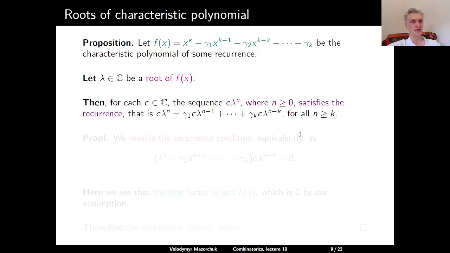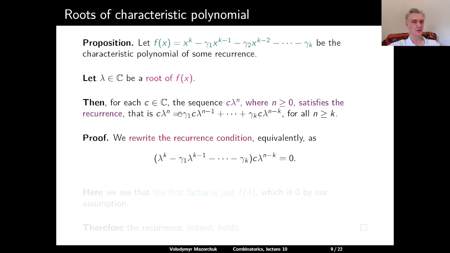Which means that c lambda to the power n equals gamma 1 c lambda to the power n minus 1, plus and so on, plus gamma k c lambda to the power n minus k for all n greater than or equal to k.